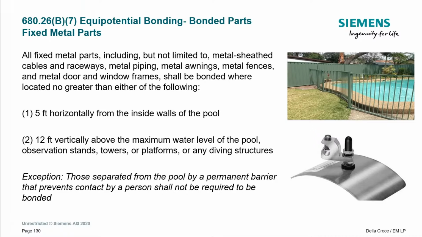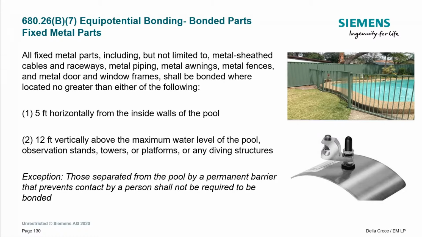All right. So it says all fixed metal parts, including but not limited to. Again, we're not giving you an all-inclusive list here. Metal sheath cables, like an MC that's PVC jacketed, let's say, would be an example. It is still metal sheath, regardless of the covering on it. Although I don't want anybody cutting into PVC trying to, no, don't do that.